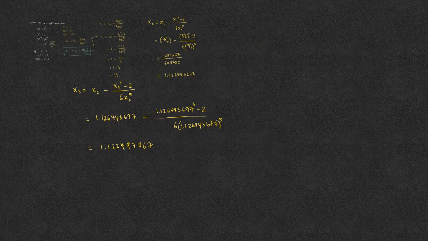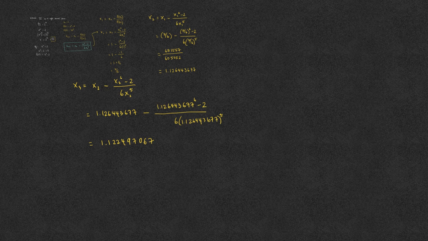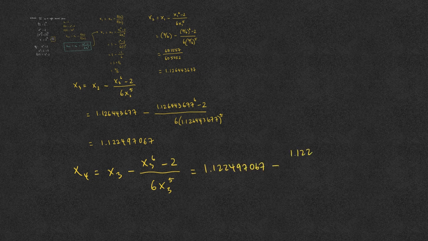We then use this x sub 3 to find x sub 4. x sub 4 is x sub 3 minus x sub 3 to the 6th minus 2 over 6 times x sub 3 to the 5th. And this is 1.122497067 minus 1.122497067 to the 6th minus 2 over 6 times 1.122497067 to the 5th power.